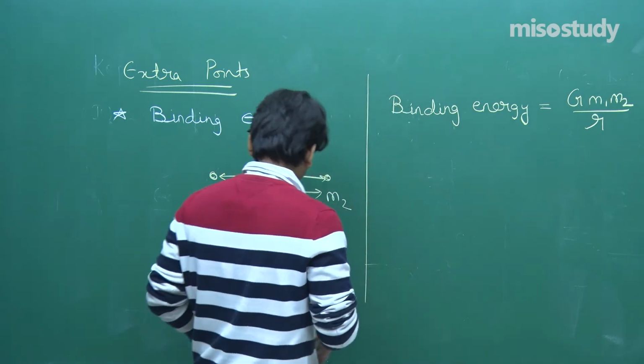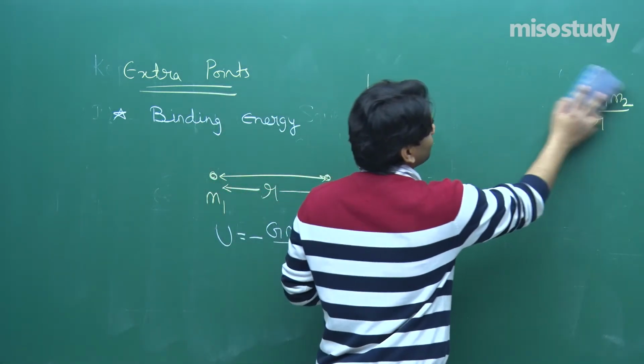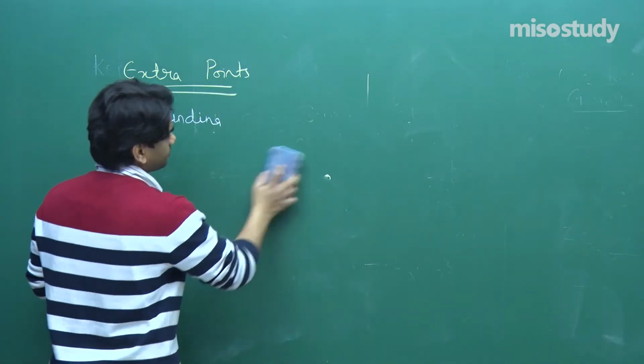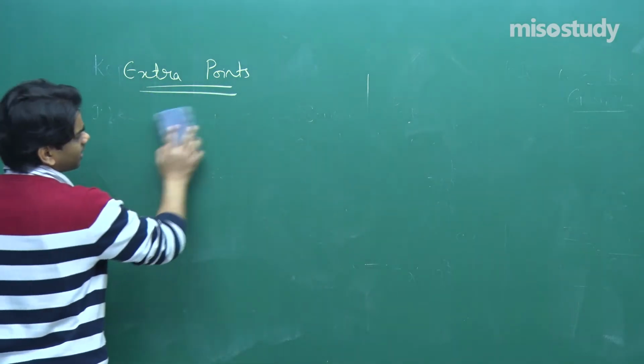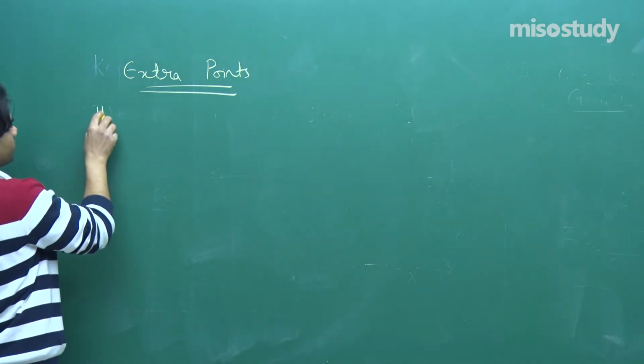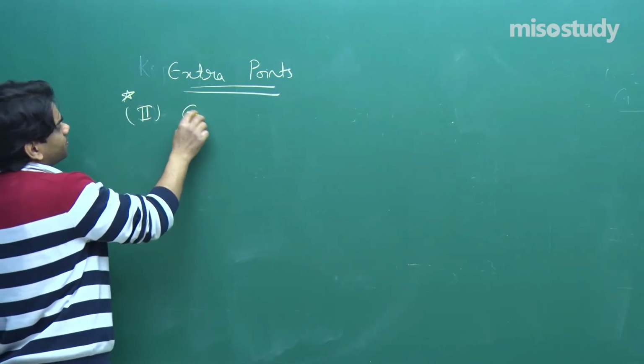Let's go ahead and apply the same in understanding the next concept, that is escape velocity. So the first extra point we learned about is the binding energy. The second is escape velocity.